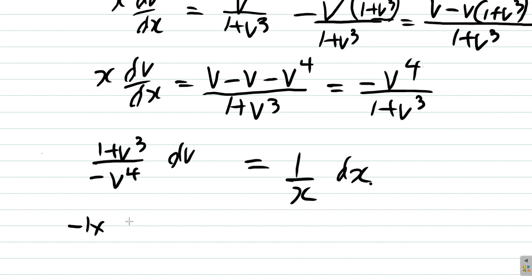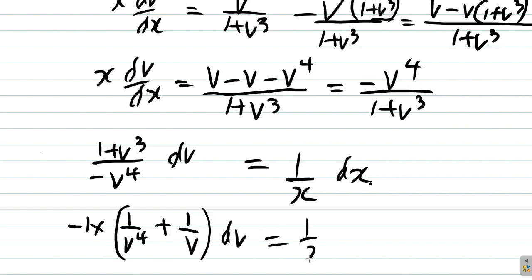Negative 1 times 1 over v to the fourth plus v cubed over v to the fourth is going to be 1 over v. Fractions, right? dv equals 1 over x dx. And you integrate the integral of this dv equals the integral of 1 over x dx.